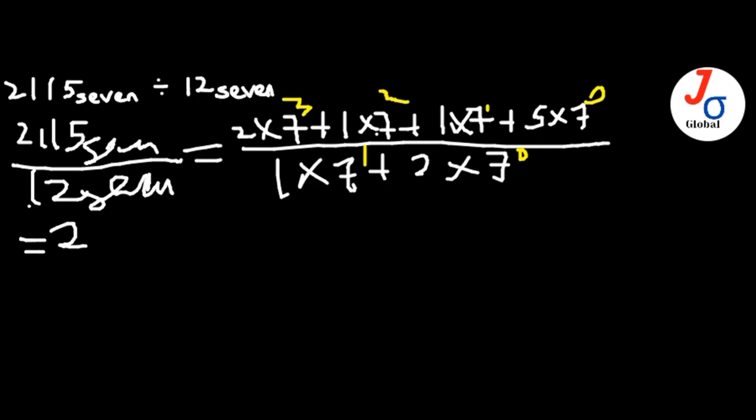So we have 2 multiplied by 7 to the power of 3. 7 to the power of 3 is actually 343.